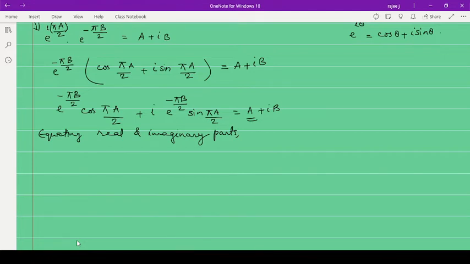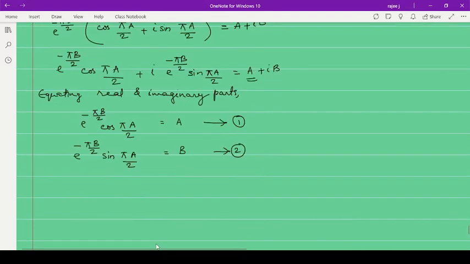Therefore a is equal to e raised to minus pi b by 2 cos pi a by 2, equal to a, and the imaginary part b is equal to, here b is the imaginary part, this part, e raised to minus pi b by 2 sin pi a by 2. So I take it as equation number 1 and 2.